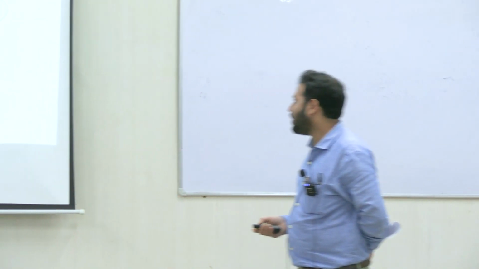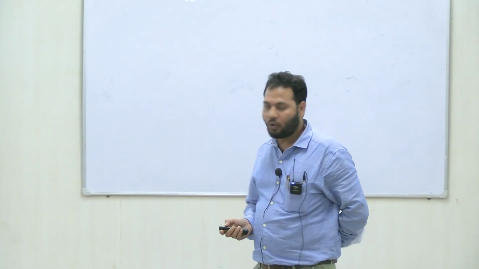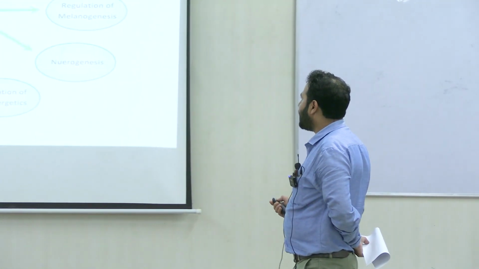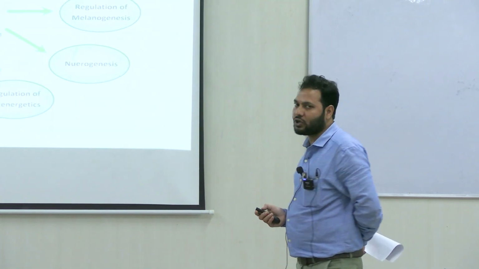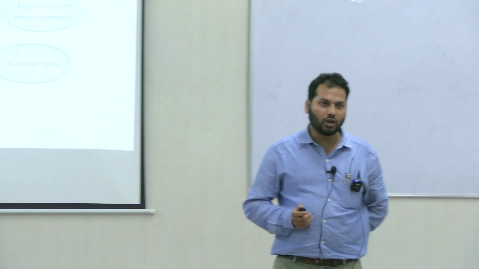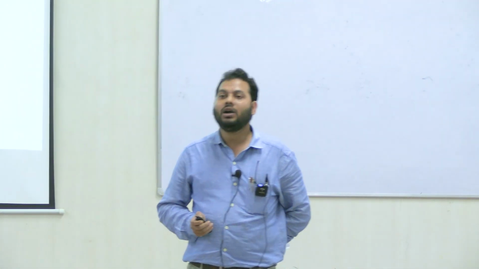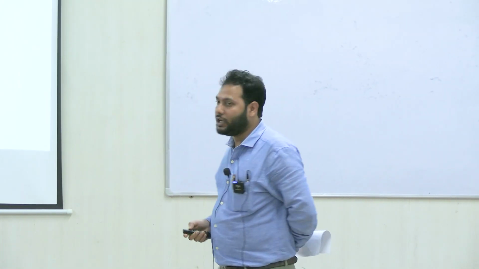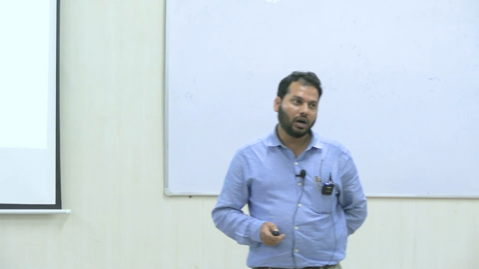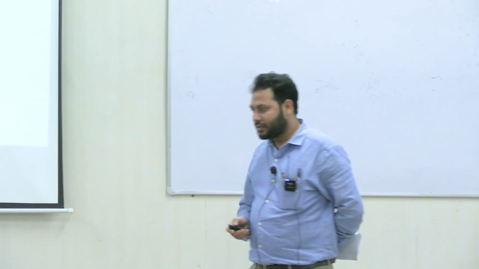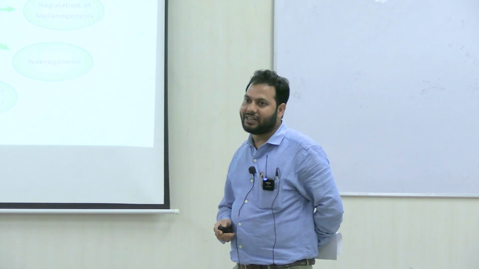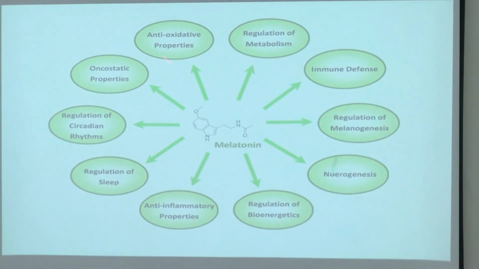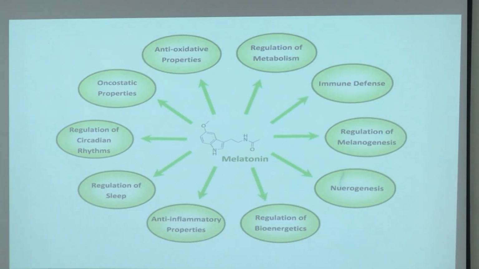At the same time, it shows some anti-inflammatory properties. It also shows some metabolic properties, because melatonin influences different metabolic events. And in the presence of melatonin, radical scavenging activity is also influenced. It has some antioxidant properties.